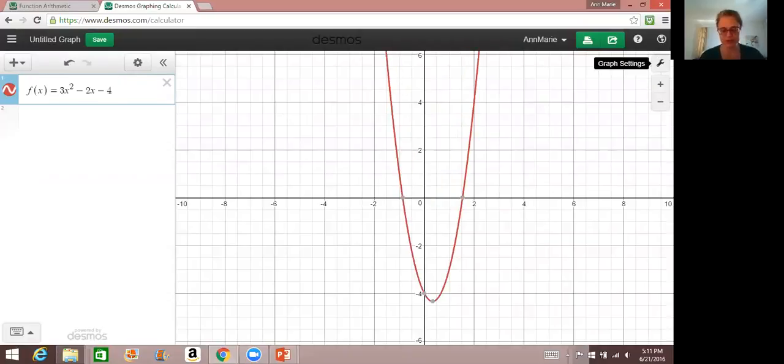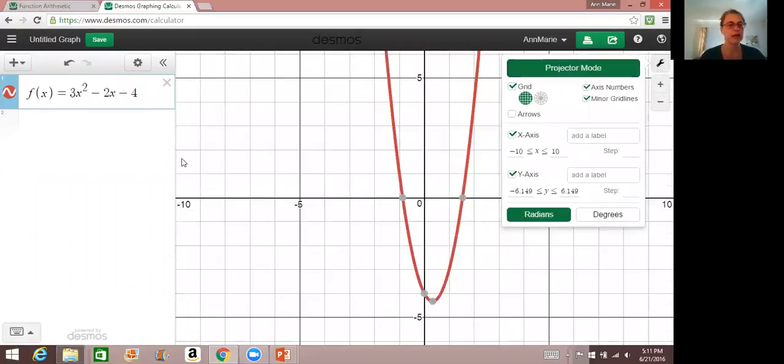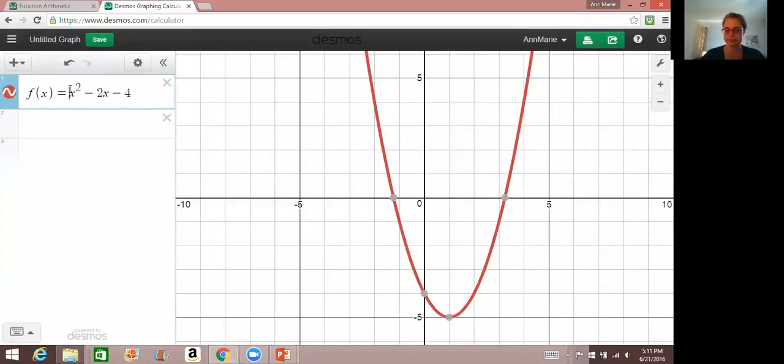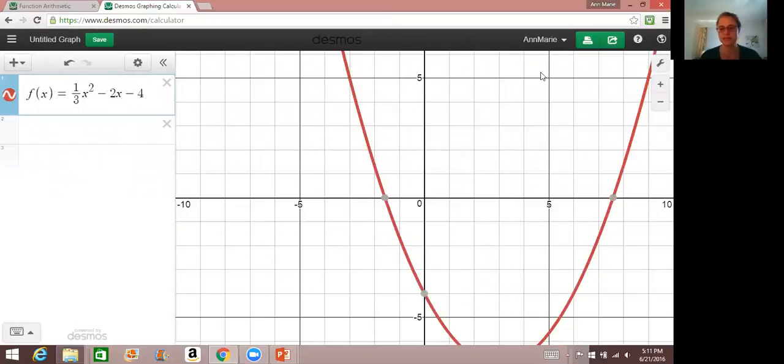Let me put this in projector mode so it's easier to see. Okay, now what I'm going to do is I'm going to just pick an x. It doesn't really matter what x I pick. And actually I'm going to make this thing a little broader. There, I like that better.